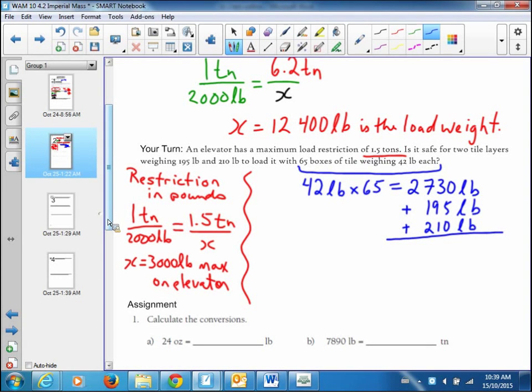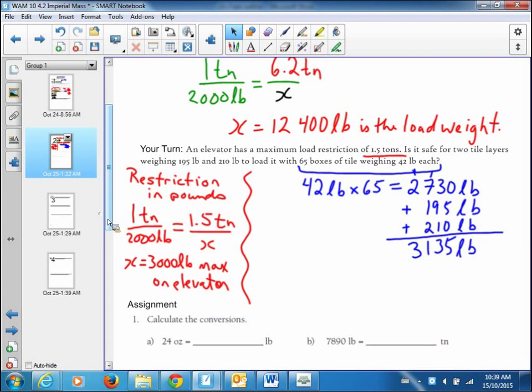You add that up. I'll just do it without a calculator. 5, 10, 13, carry the 1, 8, 9, 10, 11. Carry the 1. Uh-oh, they're over. So that's 3,135 pounds.